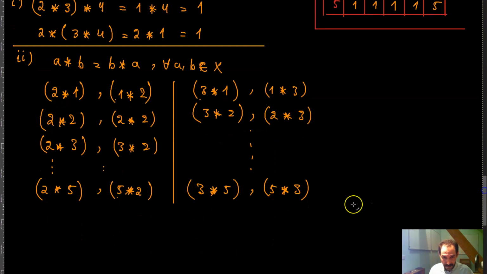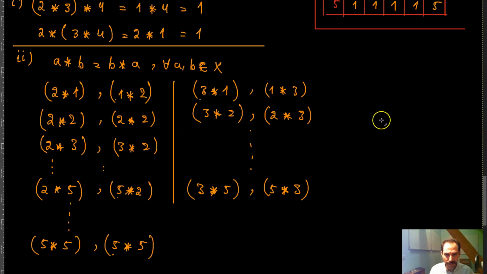And then you need to just keep going, meaning that 4 star 1, 4 star 2, 4 star 3, and so on and so forth. And then you need to end with 5 star 5, and compare it with 5 star 5. That way you can make sure that the star is commutative.